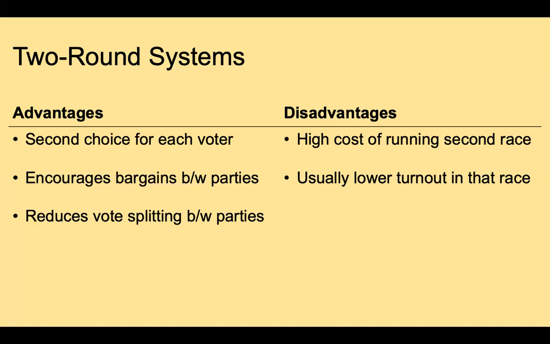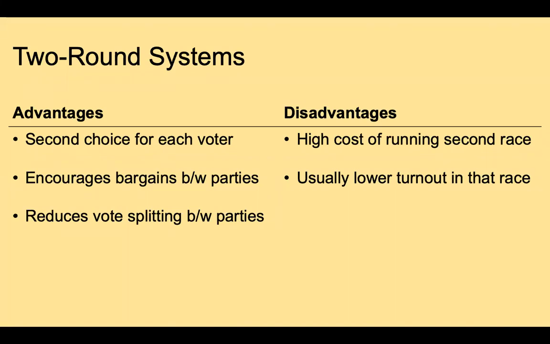So even if a party wins the election, maybe they cooperate with another party, or maybe they reach some sort of an agreement that's reflected in the behavior of the winning party. This also tends to reduce vote splitting.